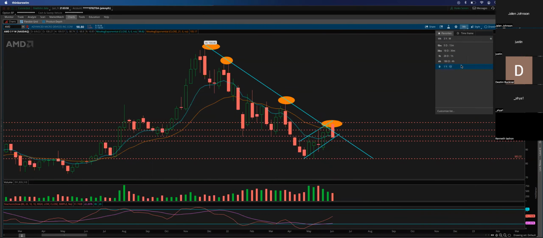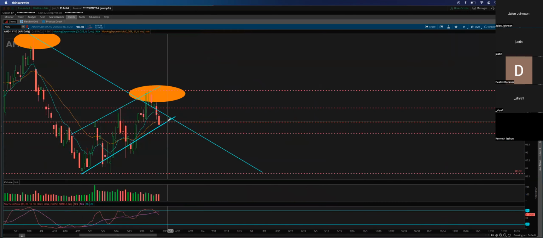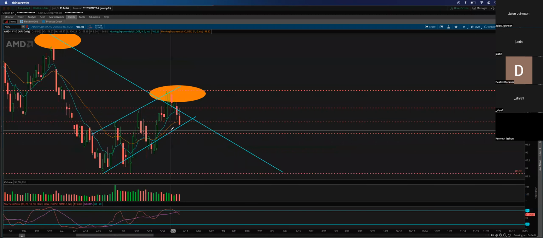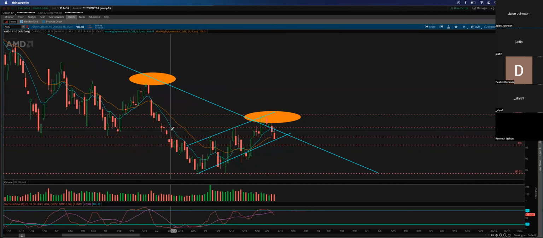Somebody said on the daily time frame, I'm seeing a bullish pennant. So is it better to look at the longer time frame? Let's go see. I'm not going to lie to you, I don't see a bullish pennant starting at 525 on AMD.